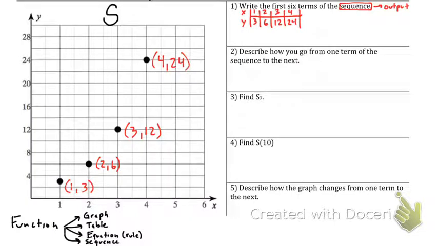So if I want to write the sequence to this function, I am essentially doing this. From my input-output table, I really don't need my input at this point. All I need is my output. And now we have the first four terms of the sequence.